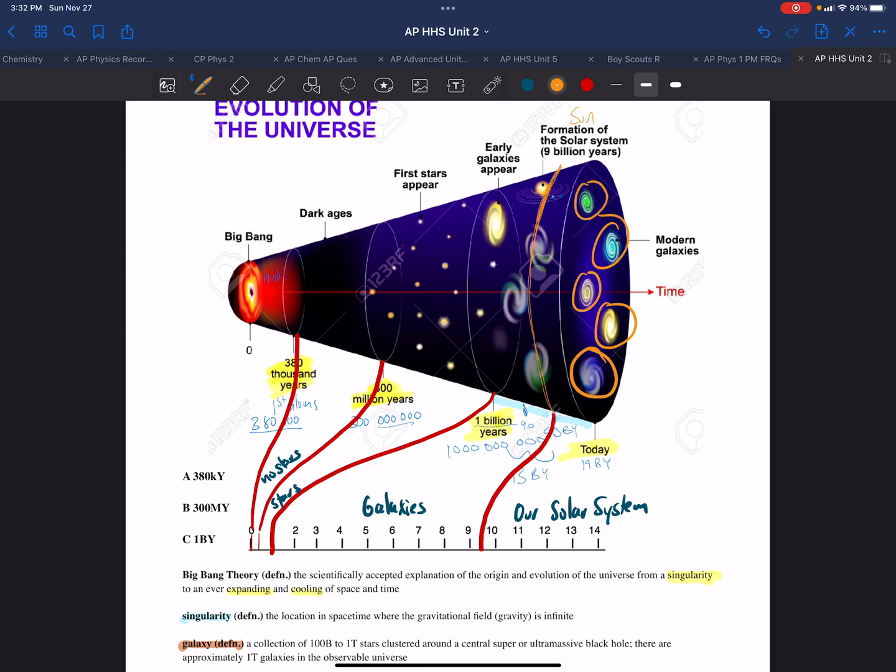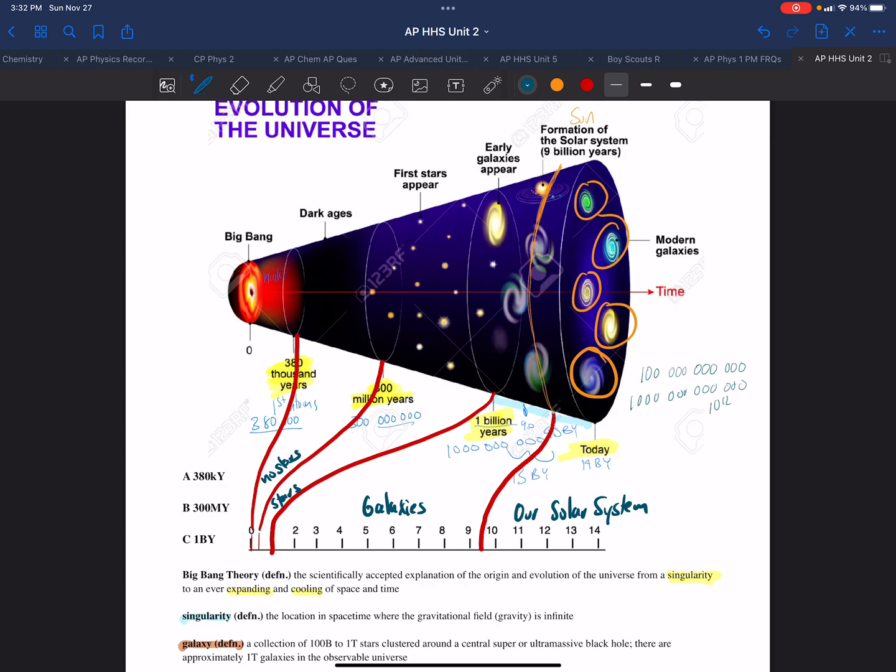And so we have anywhere from 100 billion to 1 trillion, or 10 to the 12th stars inside this.